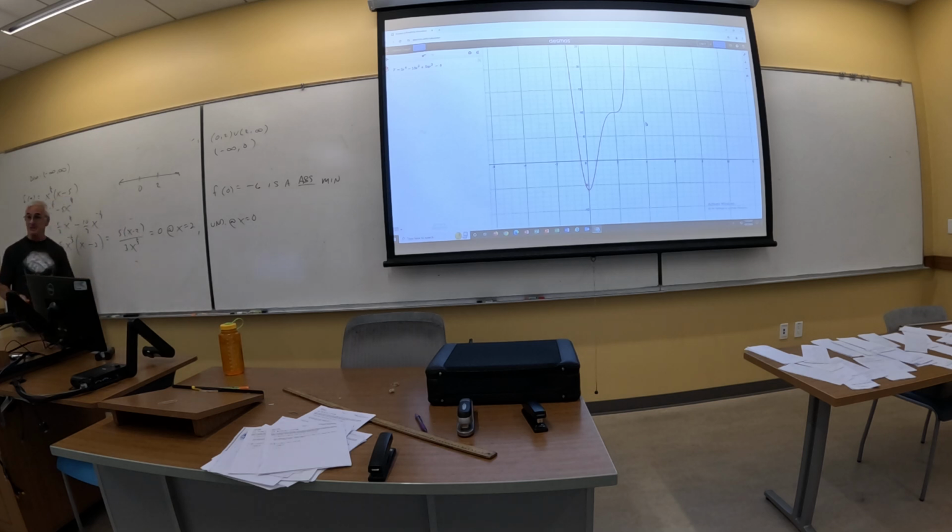The cube root of a negative is in fact negative. Okay? So that quotient is positive. Now let's pick a number between 0 and 2, like how about 1? That's positive, but that's still negative.